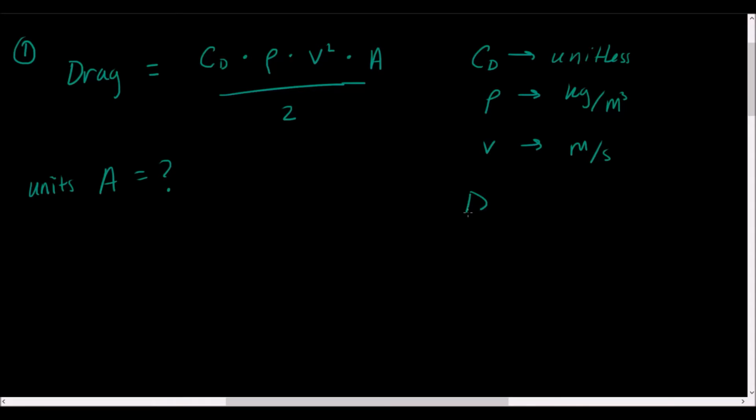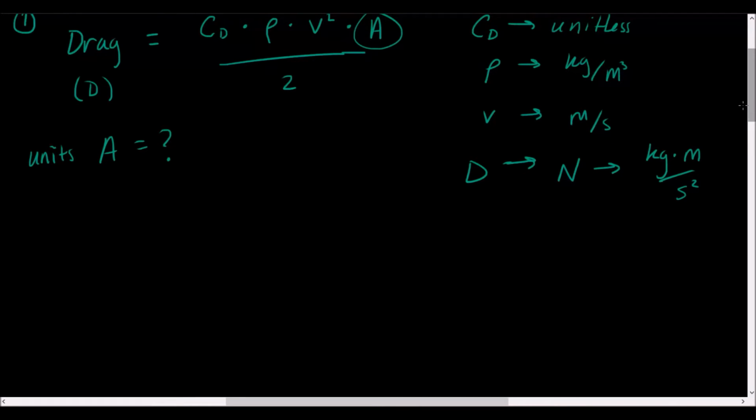Drag, which we will just call D, is a force, which is in newtons in SI, which are kilograms times meters per second squared. So now I have all this information. I need to find out what A is. I can just replace these units in for the variables that I have here and solve for A.